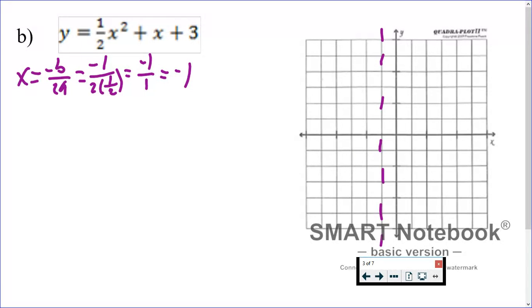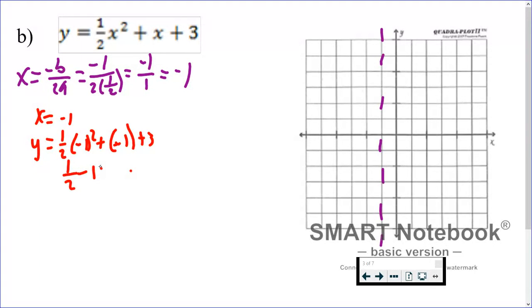We already know that the x-coordinate of the vertex is at negative 1. Let's substitute negative 1 into the function, get the y value. Negative 1 squared is 1, times the half is 1/2. Negative 1 is negative, so it's minus 1 there, and then plus 3.